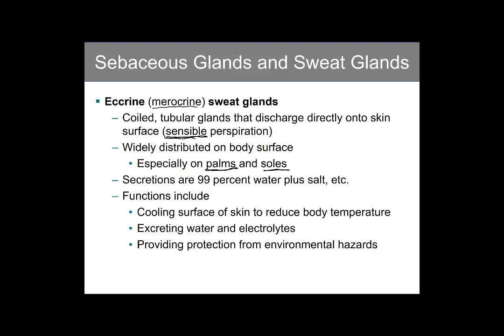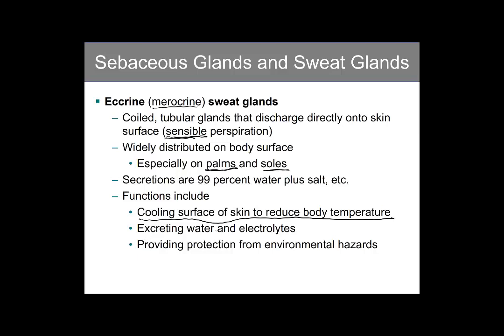The functions, they function to cool. They cool the surface of the body through evaporative cooling. So as the sweat is exuded onto the surface of the skin, it's going to carry with it a certain amount of heat, and through evaporation, that heat is carried away.